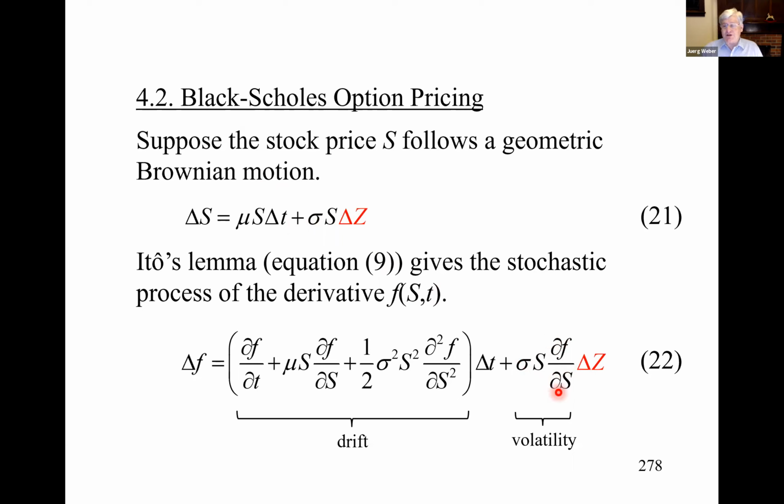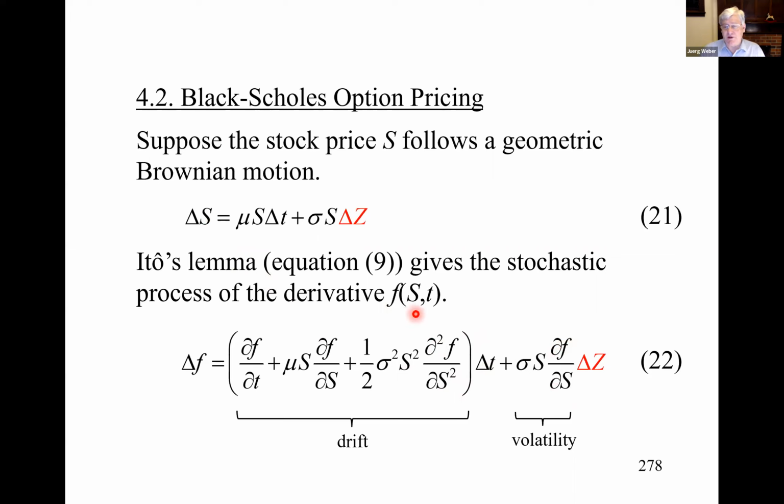This ratio measures the sensitivity of the value of the derivative with regard to changes in the underlying asset price. So that's a partial derivative here, and that's why I write it down like this. You see we have this function, and this here is the first derivative of this function with regard to s.